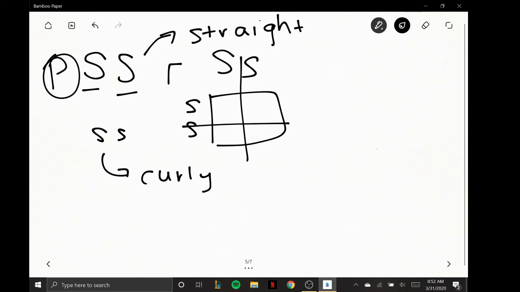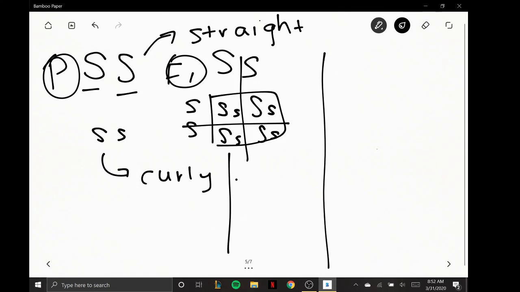When we cross them to make the F1 generation, we have big S, little s, big S, little s, big S, little s, big S, little s. So everything in the F1 generation is going to be big S, little s. And we're saying that the dominant allele is a straight wing.